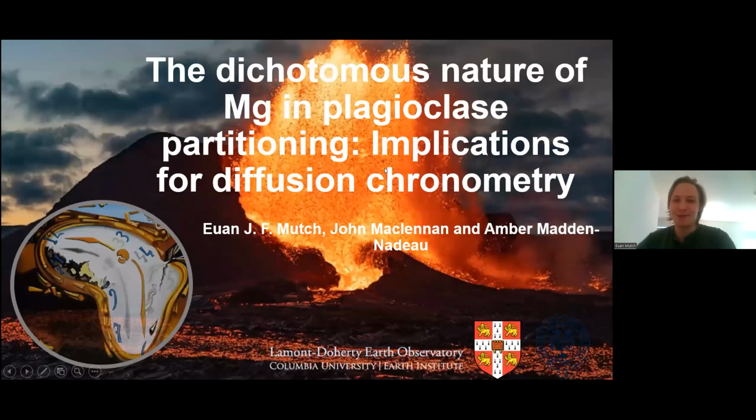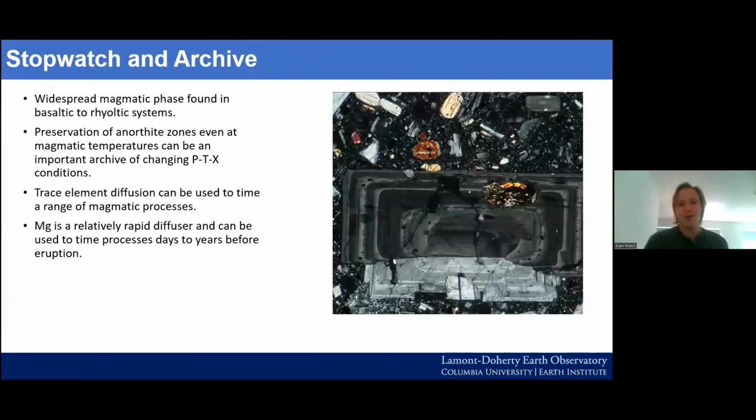Great. So I'm going to be talking about some recent work, mostly thinking about magnesium partitioning in plagioclase, which may have important implications for estimating diffusion timescales, as well as understanding thermal histories in magmatic systems. Plagioclase is a mineral that's really close to my heart.